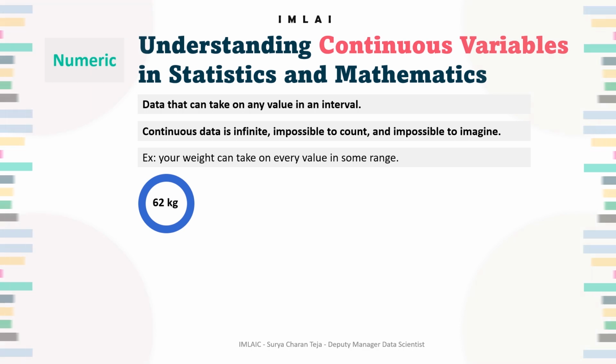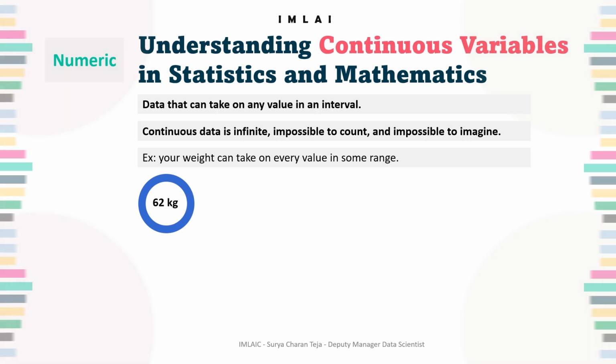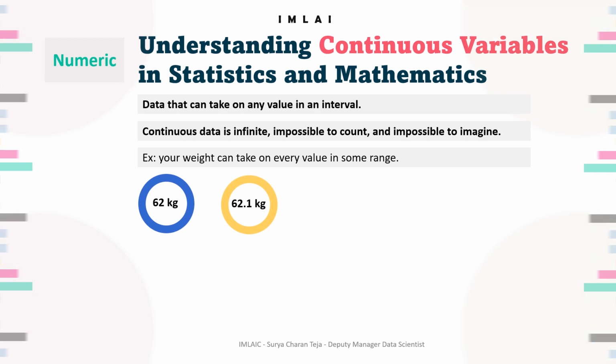This is not the actual or accurate or exact weight of your body. It's an approximation. So if I used a weighing machine with better precision and better accuracy, my weight could be 62.1 kg.